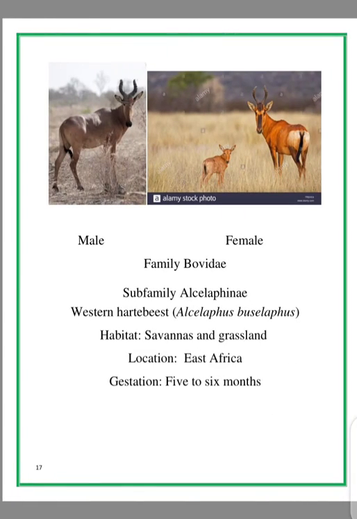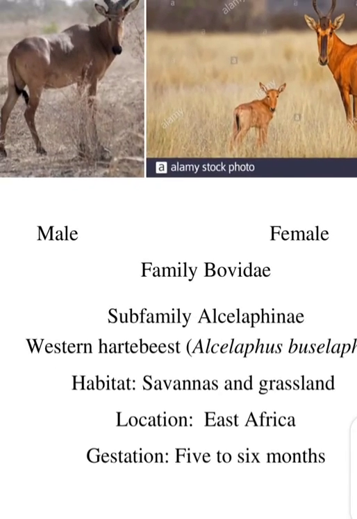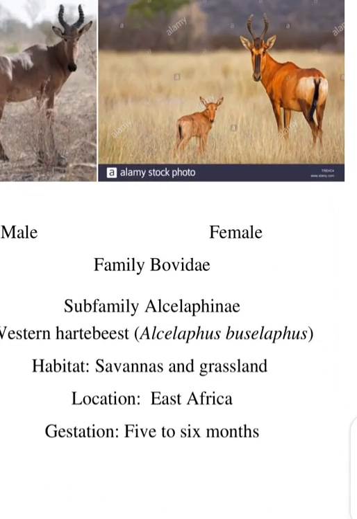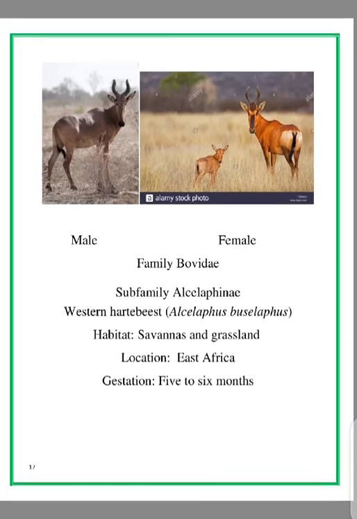And then we have the western hartebeest, which belongs to the subfamily Alcelaphinae, Alcelaphus buselaphus. It is located in eastern Africa, and of course, in some cases in western Africa, with a 5 to 6 month gestation period. A little bit closer, see the difference between the male and the female.